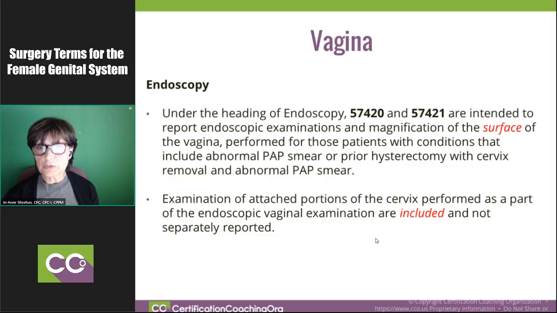It's performed for patients with conditions that include an abnormal pap smear or a prior hysterectomy with cervix removal and abnormal pap smear. Examination of the attached portions of the cervix performed as a part of the endoscopic vaginal exam is included and not separately reported. So even if the doctor is examining the surface of the vagina, if he is looking at other parts that are attached to the vagina, it is not coded separately.